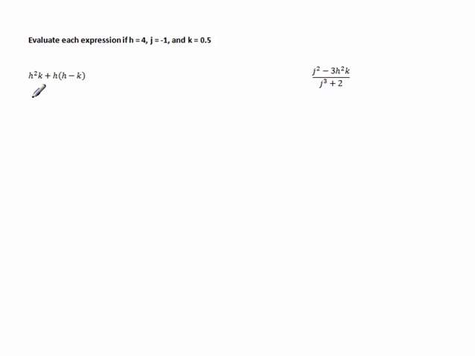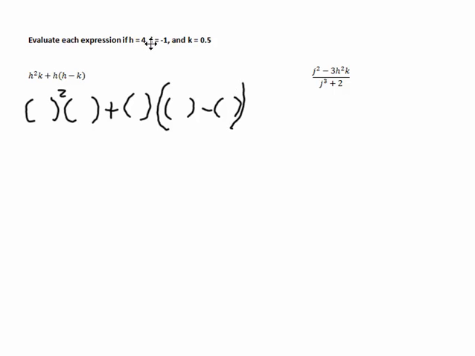variables now. And so replacing the H and K in this statement, we have something squared times the K plus H times H minus K. Now H is 4, and I have a 4 that goes here, and a 4 that goes here, and a 4 that goes here.